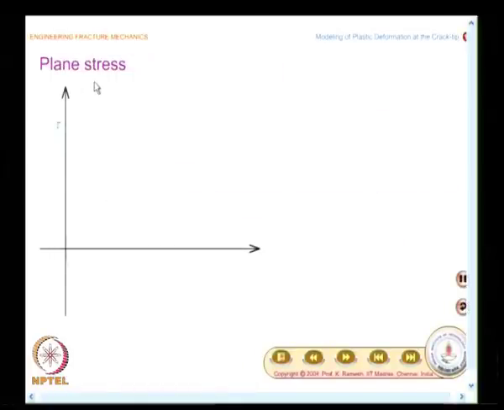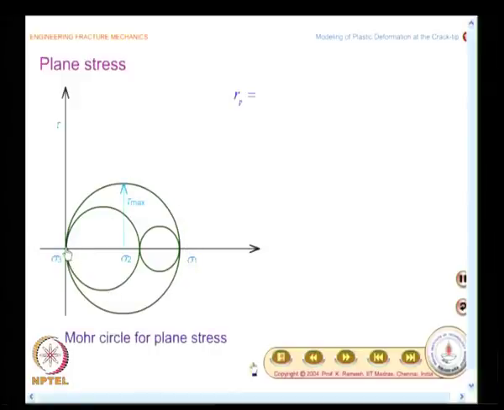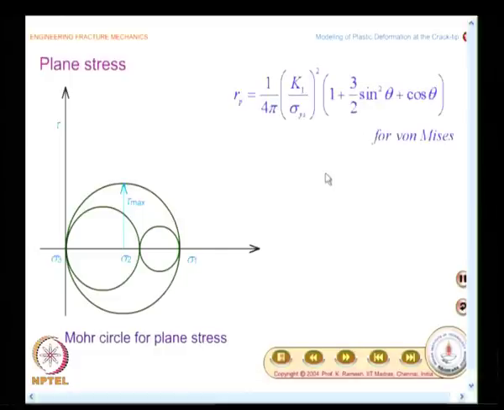And for the case of plane stress, I had already drawn your attention, and that is drawn in the case of Mohr's circle. You have the 0 stress, this is to be taken into account, and you have the value of R p as a function of theta given like this, and these expressions would change for different yield criteria.